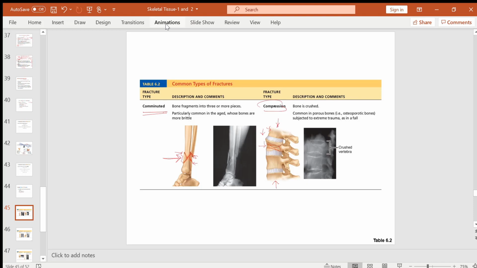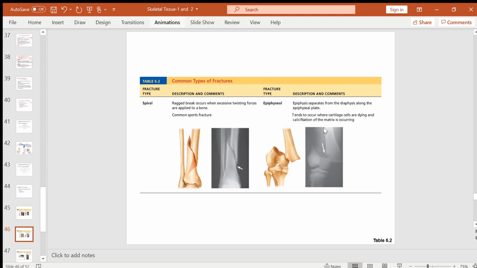So that is the compression type fracture that will occur in the vertebrae. Okay. Spiral fracture is an oblique fracture, not transverse, it is oblique. You see here, oblique fracture due to twisting force. That's how the spiral fracture looks like and occurs due to twisting pressure.